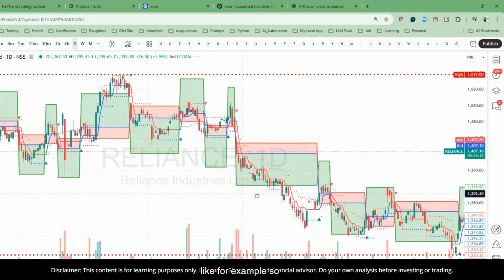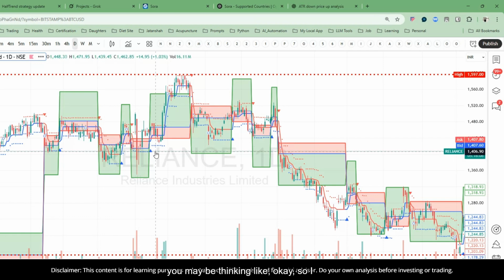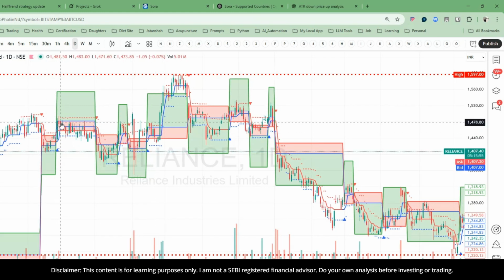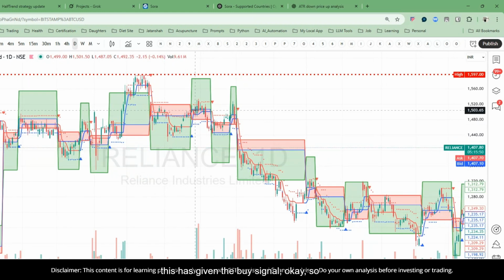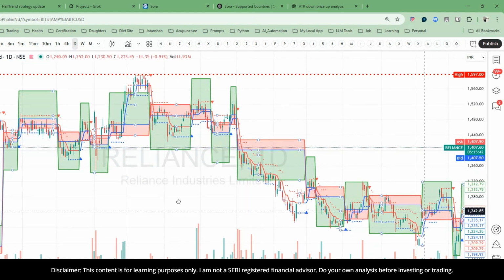For example, whether you're trying to buy a stock or any mutual fund or ETFs, you may be thinking, okay, I have money, so monthly on this particular day I am going to buy. Instead, you can spread that amount. You can just buy it here. For example here, this has given the buy signal. So one, two, and again you keep on continuously buying, two, three, four, five, six.